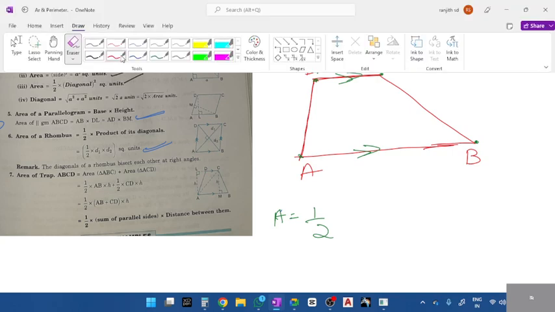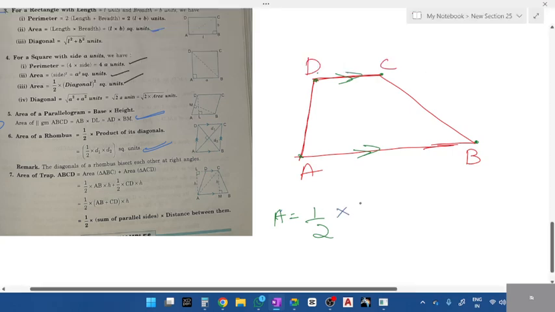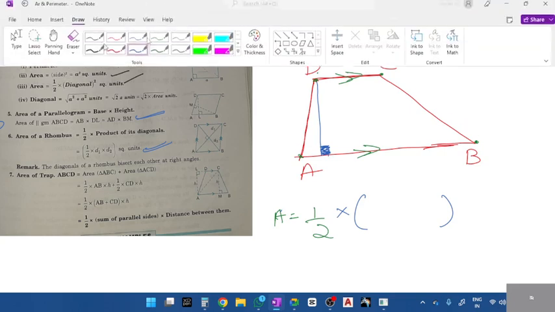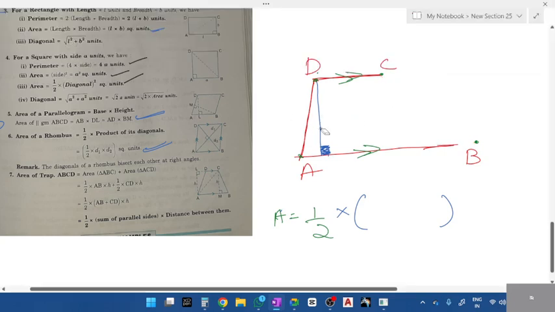So the formula is half into sum of parallel lines and the distance between them. So what you do, just draw a line like this. Okay, this line is nothing but the distance between them, right? This line indicates the distance between them. See, if I remove these two, now can you see?